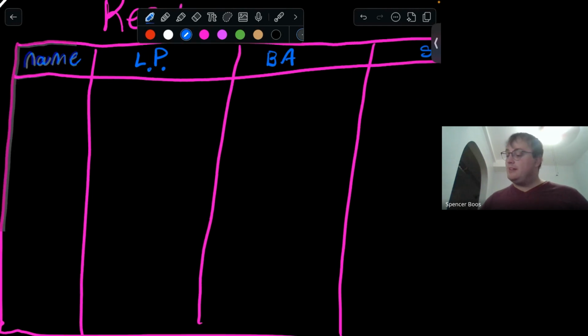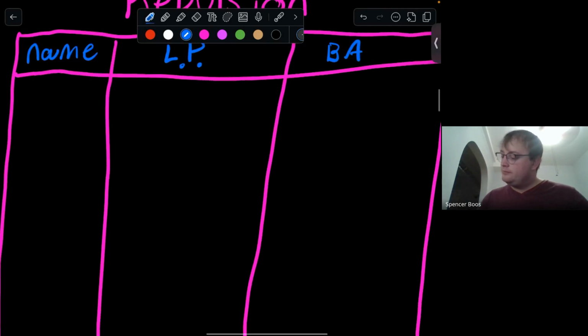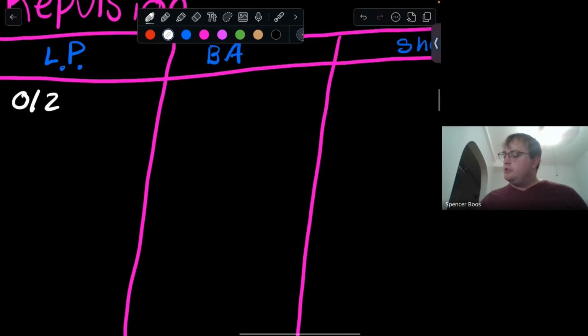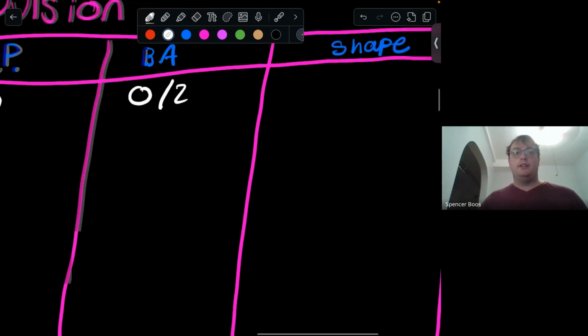Let's talk first about linear. Kind of just like in math, linear is a line. 0 lone pairs on the central atom, 0 to 2 bonded atoms on that central atom.